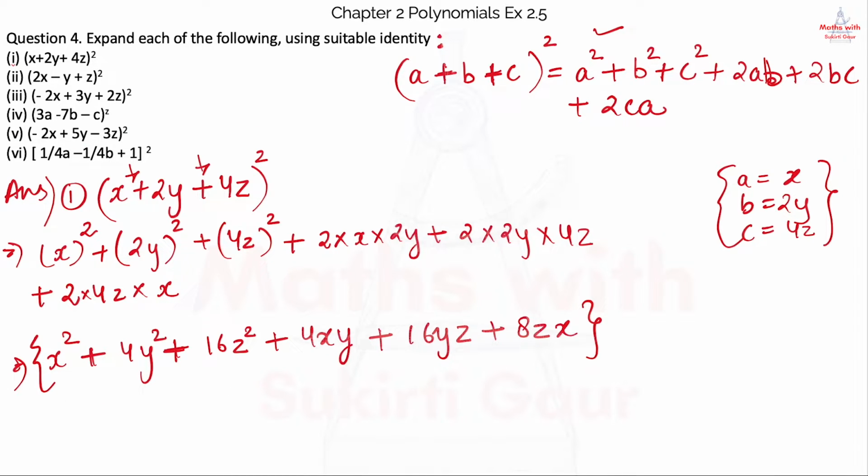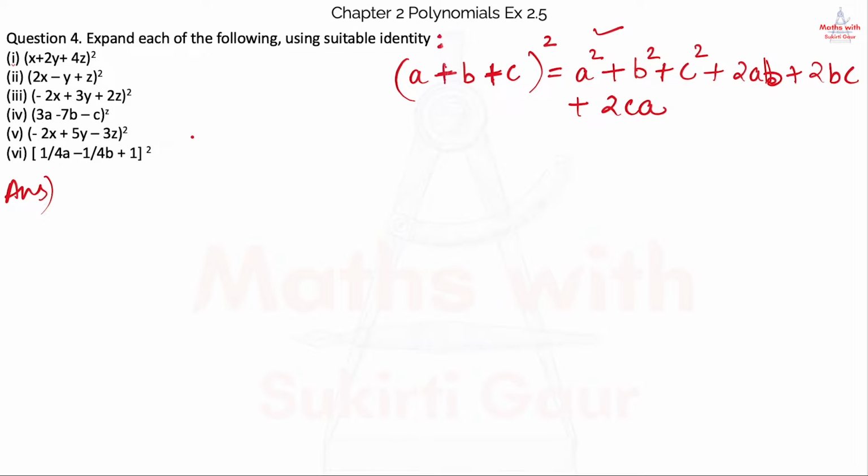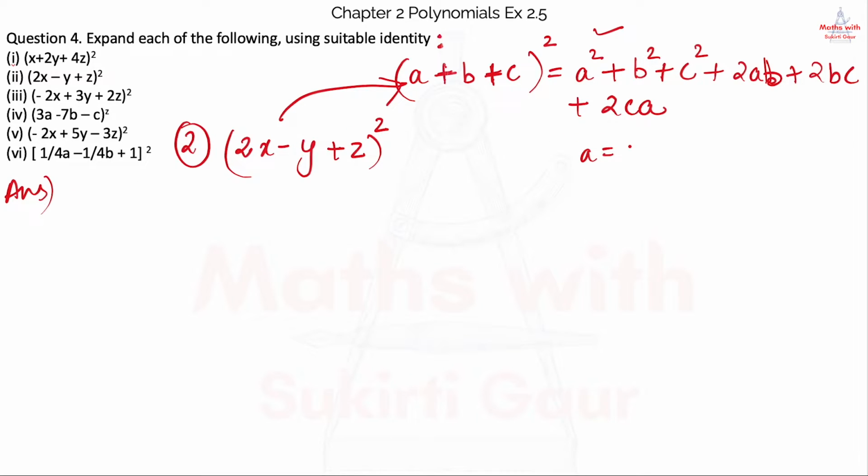Coming on to second part. So second part is (2x - y + z) whole square. Here we are going to compare this with this, right? What identity are we going to use? Can you see, I can write a as 2x.